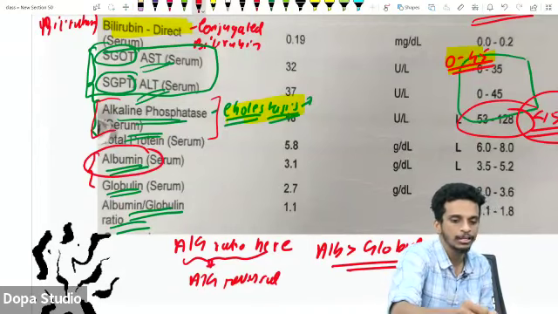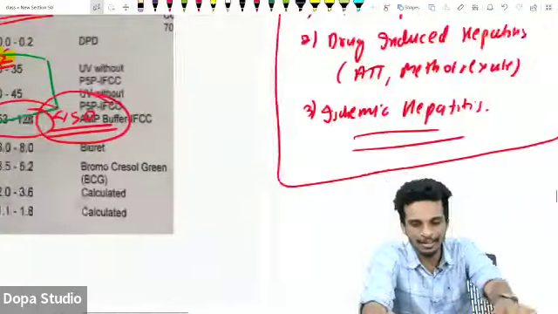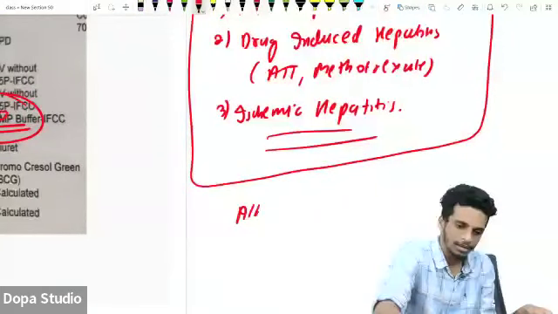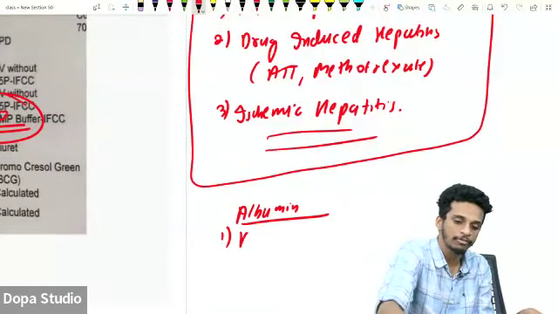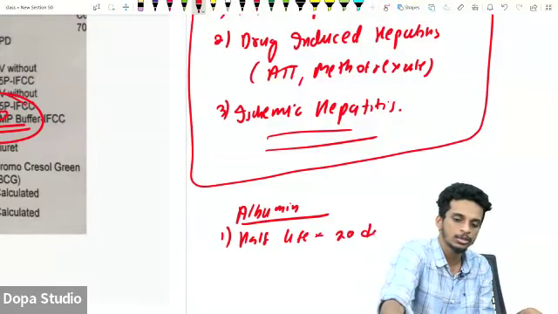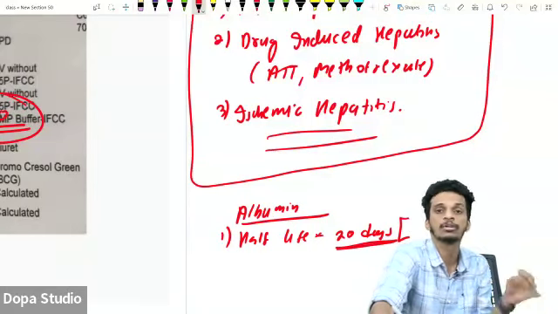Also, just to mention, albumin. Okay, that's the problem here. When we start discussing, we can't contain it. But it's basic, so I just wanted you guys to know the half-life of albumin, which is usually around 20 days. You don't need to remember that it is 20 days, but just know that it is not within hours.